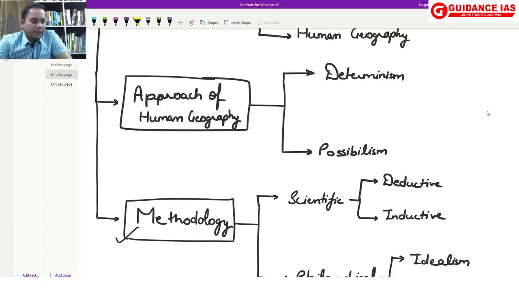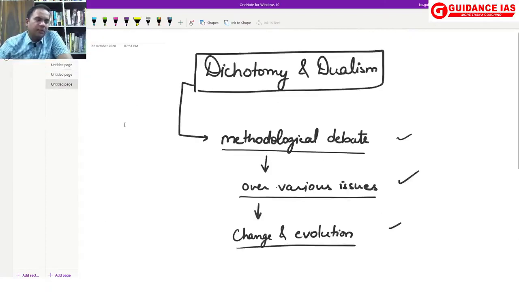Okay, so that is just a general thing about dichotomy and dualism. Essentially it is a methodological debate over various issues which can be there in a discipline, and it brings change and evolution in the discipline.